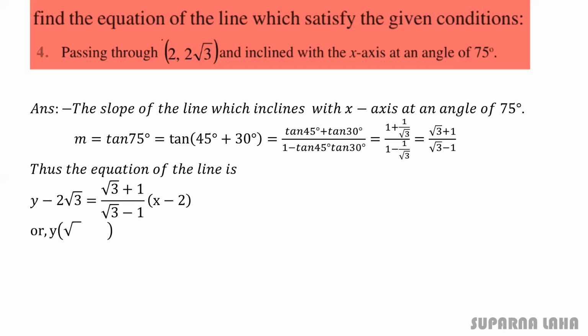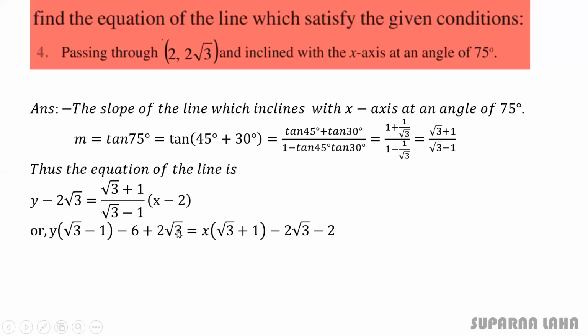Now simplify it. So y into (root 3 minus 1) plus, just multiply it, 2 root 3 into root 3 is 6, minus 2 root 3, and x into (root 3 plus 1), and this side minus 2 root 3 minus 2.